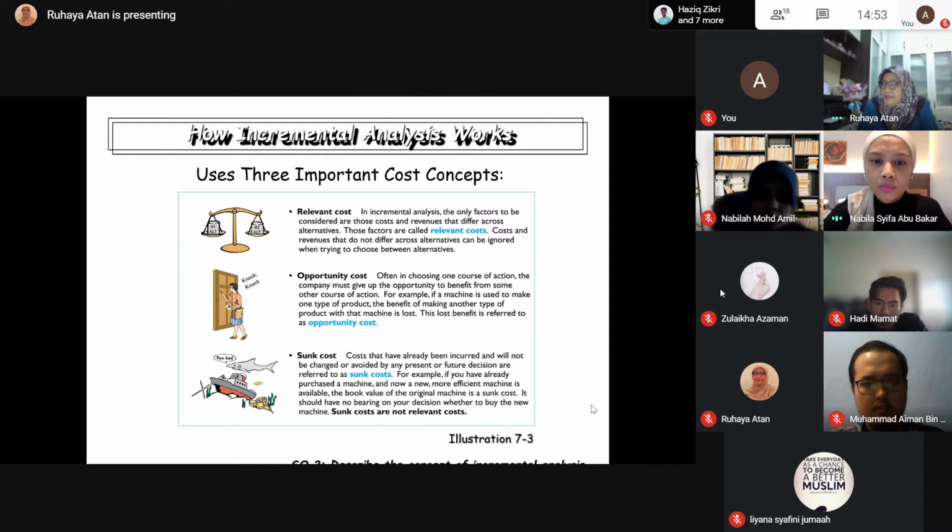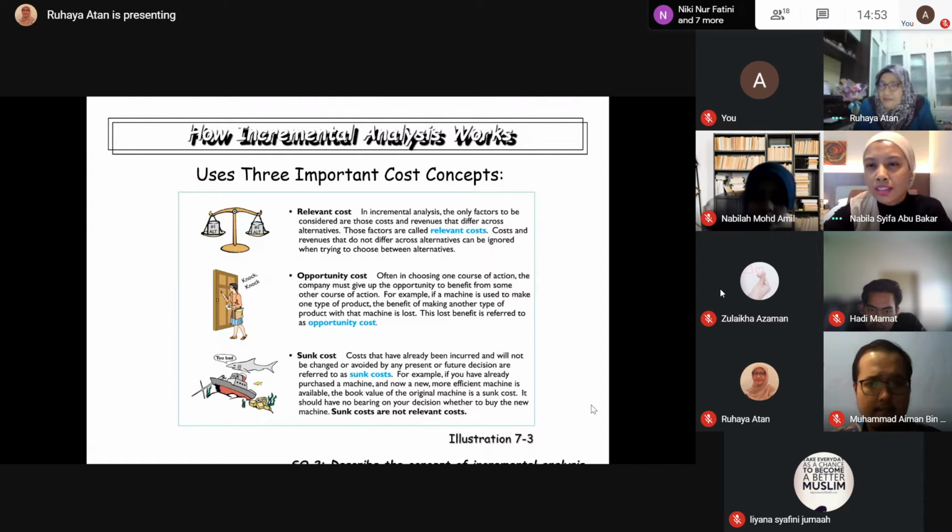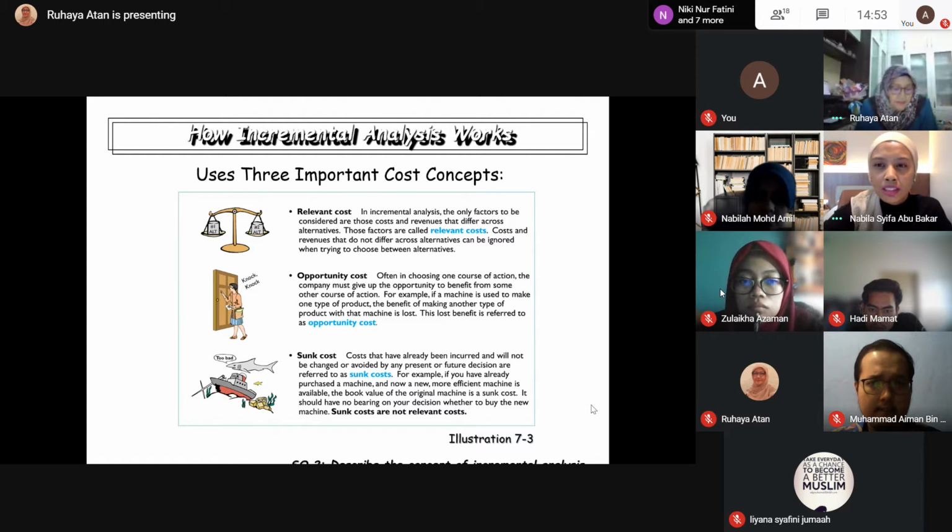Opportunity cost, I think is not a relevant cost because it doesn't give any difference, right? Because we forgot the benefit. Maybe later we have some examples of it.